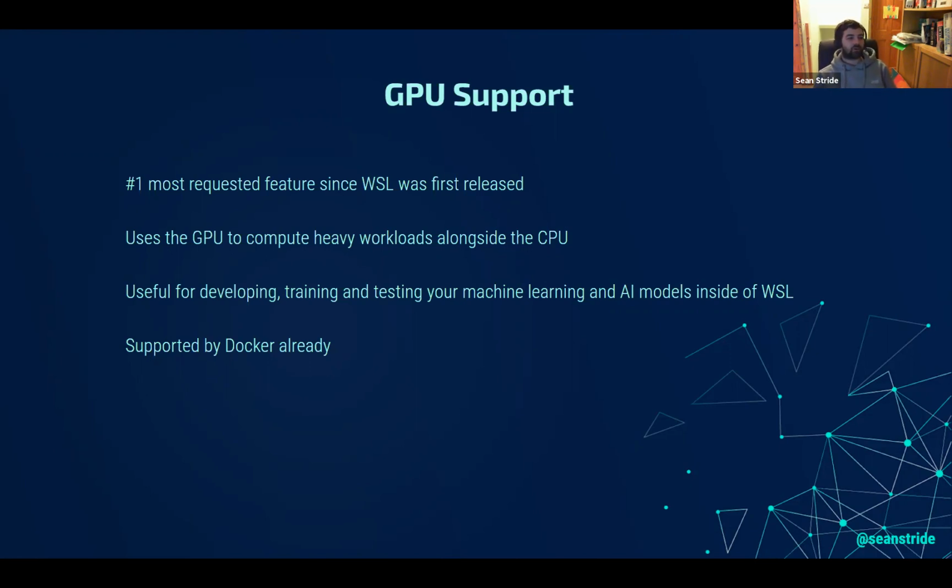Docker has already got support for this. This won't really be of any benefit to me because I don't work in these areas, but it'll allow anyone doing machine learning or AI models to take advantage of WSL, because it's not really something they can use at the minute without this GPU support.